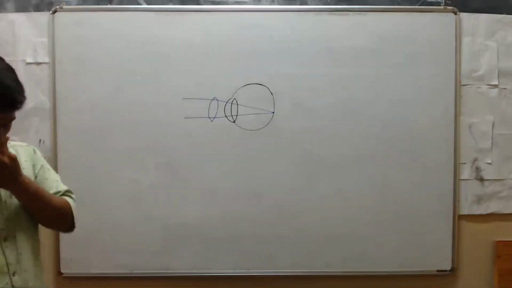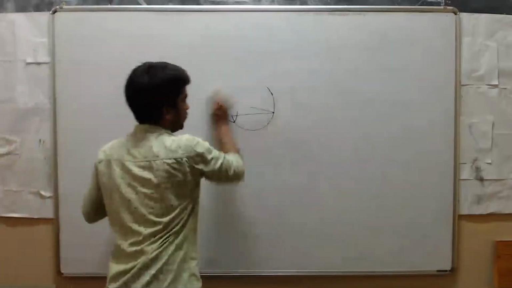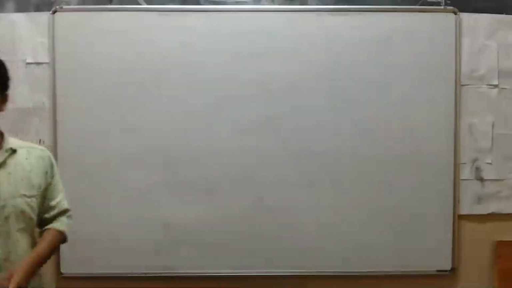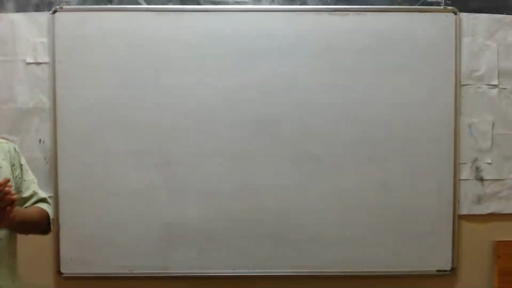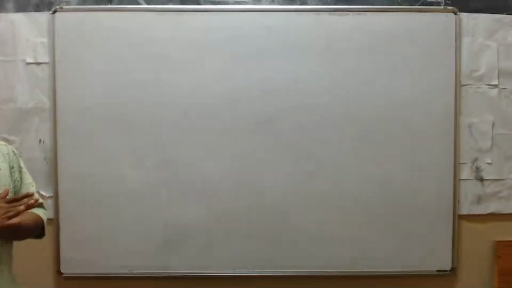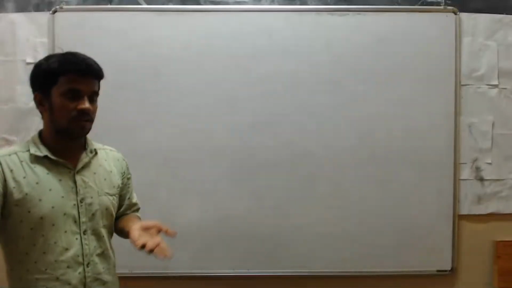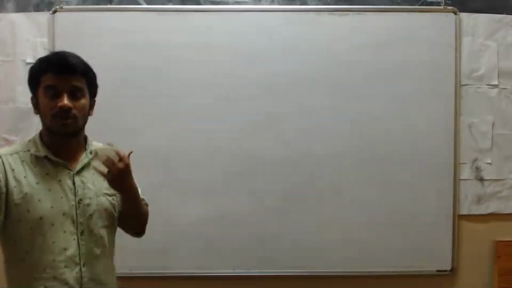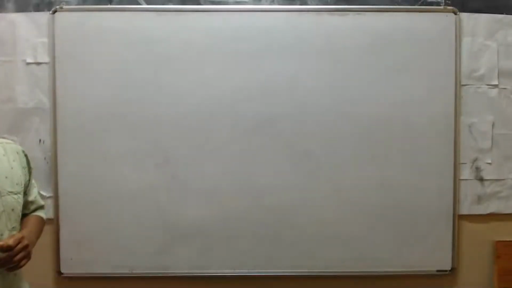Next, move to presbyopia. For people of older age, they lose the sensitiveness of the eye. The power of accommodation of the eye usually decreases with aging. When you cross 60, or above 65, 70, you lose the power of accommodation of the eye.